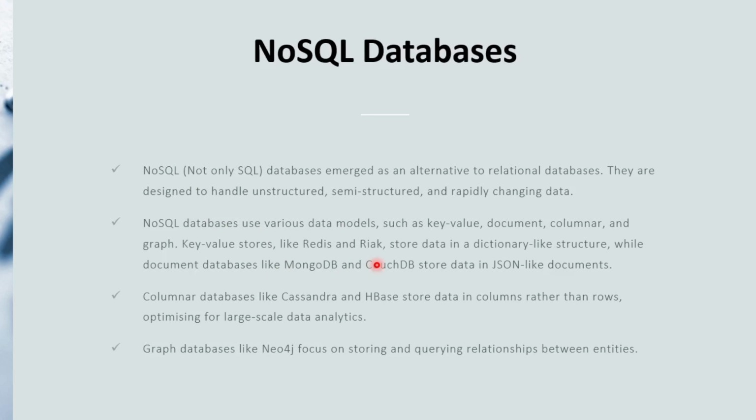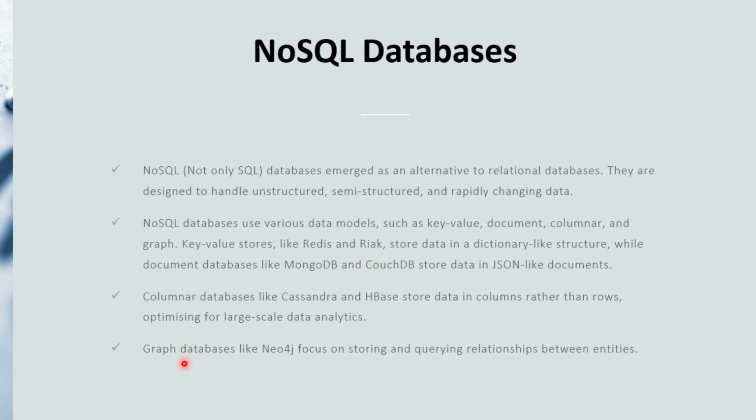And we have another database that are columnar in nature, like Cassandra and HBase. Those databases are used for managing large data, like all those big data buzzwords that you're hearing out there. Those are being managed and stored in a columnar database. And there's another one out there that we call a graph database.